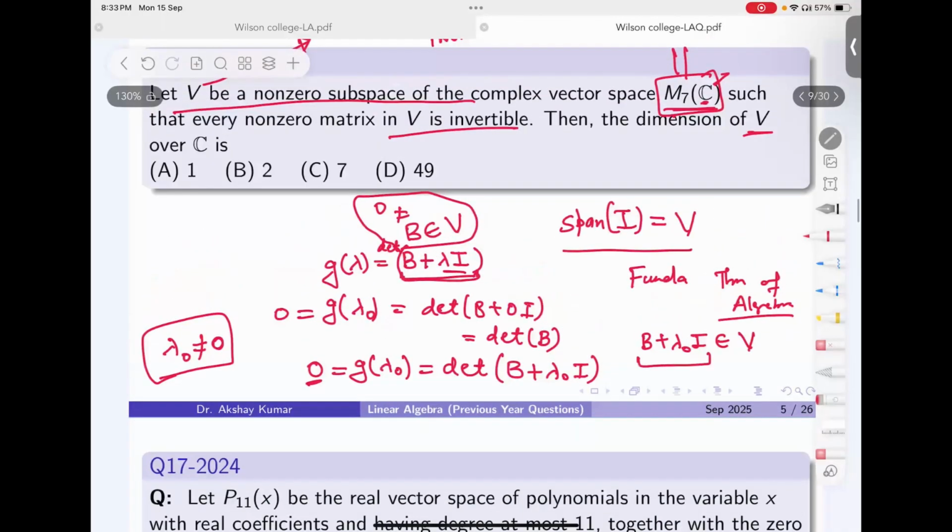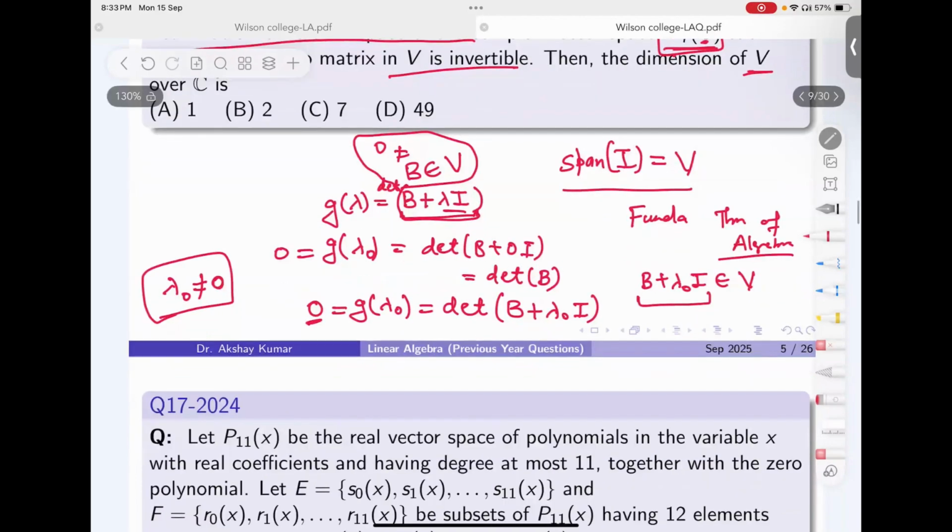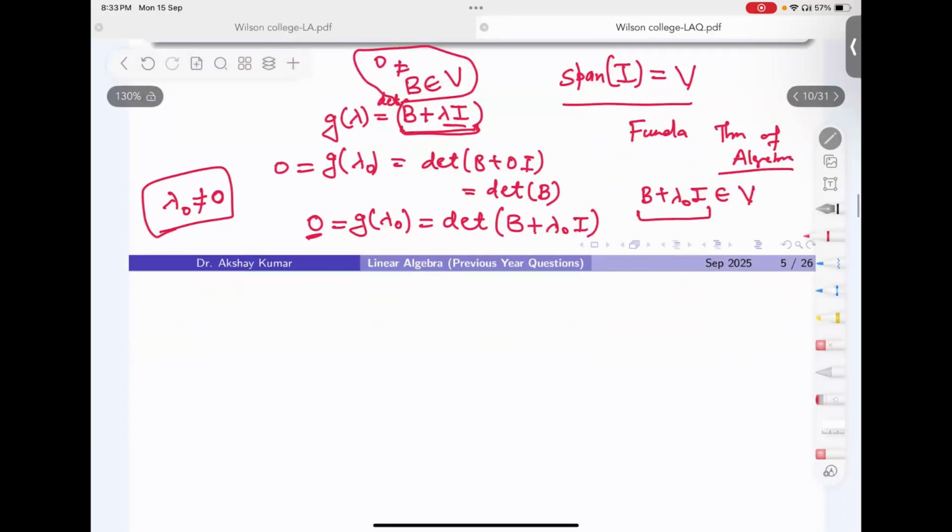What is the property of V? The property of V is every non-zero matrix is invertible, right? So this is not invertible because the determinant is 0. So this has to be 0 only.